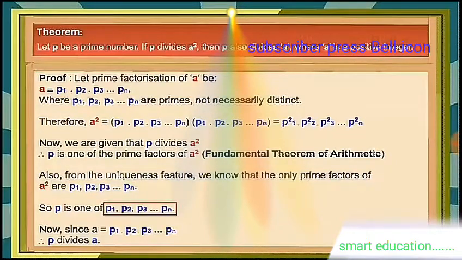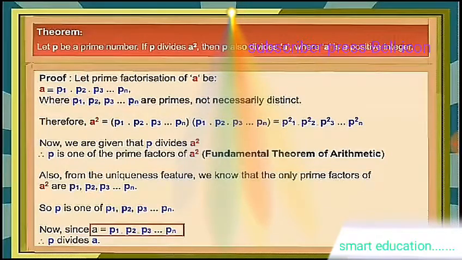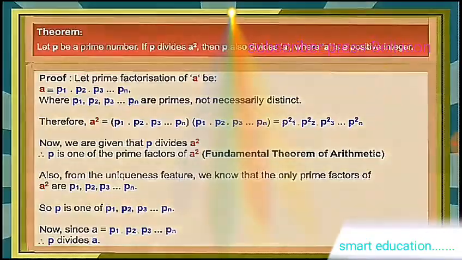So p must be one of p1, p2, p3 up to pn. Now, since a is equal to p1 into p2 into p3 till pn, therefore p also divides a.